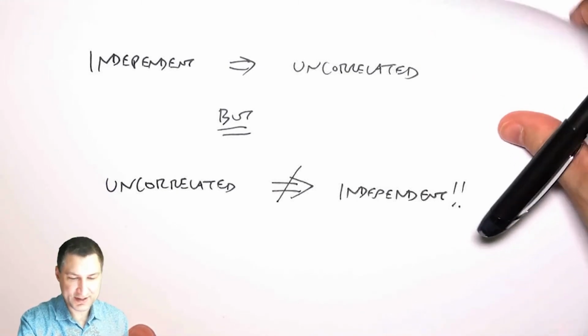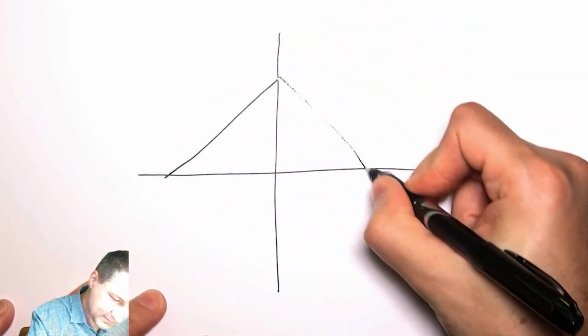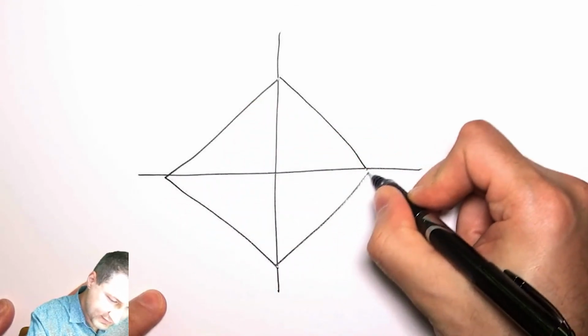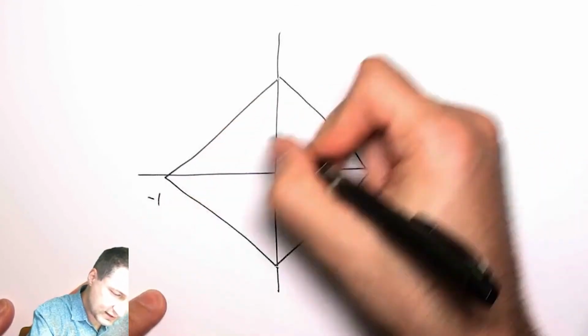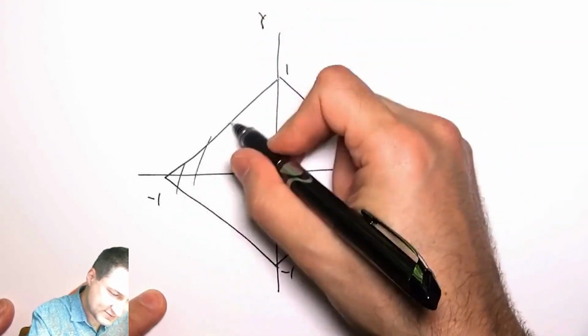And so one example that shows that, and I'm not going to derive it again, because I think I did it in a previous video, but for example, let's suppose that I have a random variable that is uniformly distributed inside this square.